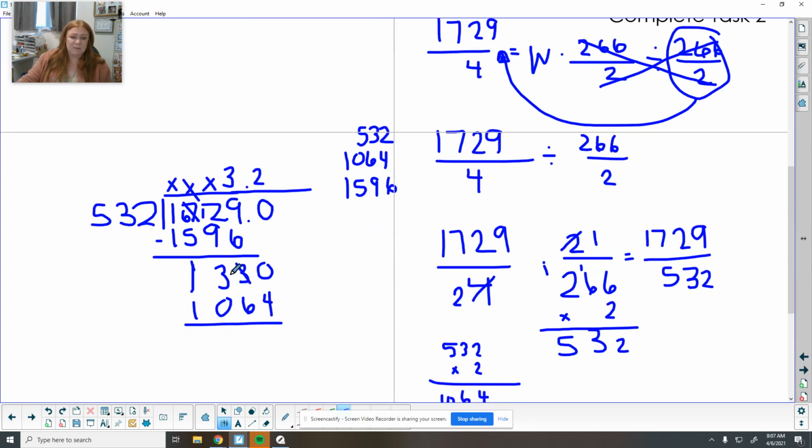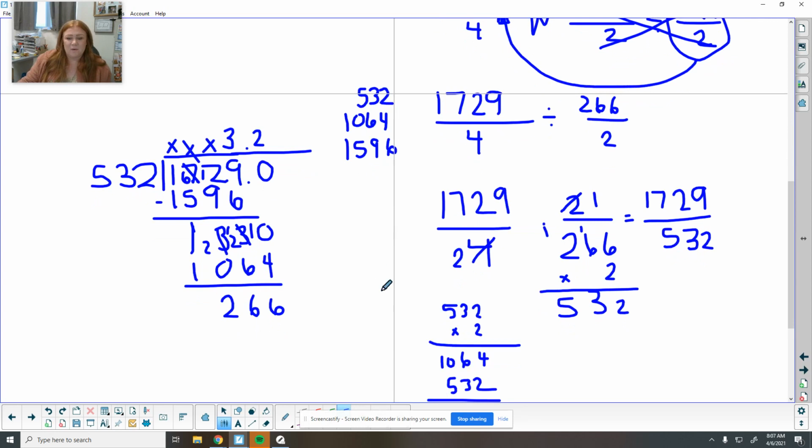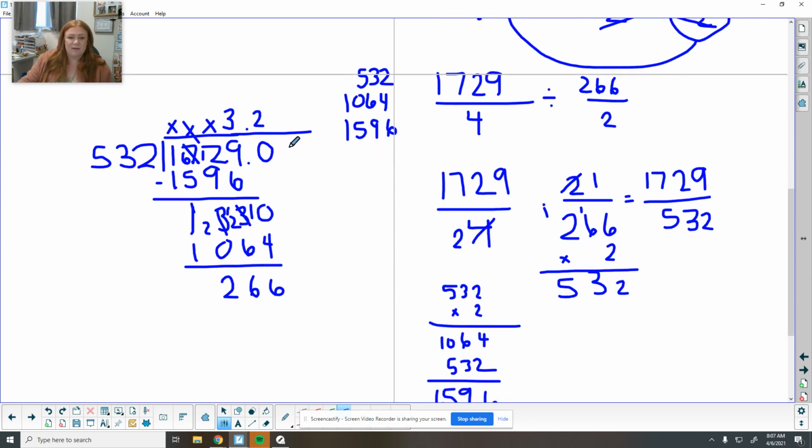And so we're going to borrow again. 12 minus 6 is 6 and 2. So now we're at 266. So I'm thinking, oh, and then we're going to bring down another 0. So I know, right, if I do 4 times 5 is about 20 something. And that's, I think, a little bit too small. So let's try 5. Whoops, I don't know what I'm writing there.